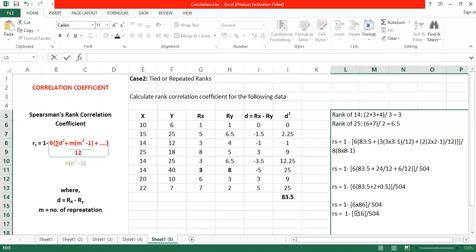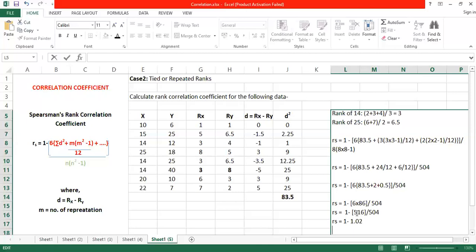So Rs equals 1 minus 516 divided by 504 equals 1.02. Right? So finally Rs equals minus 0.02.